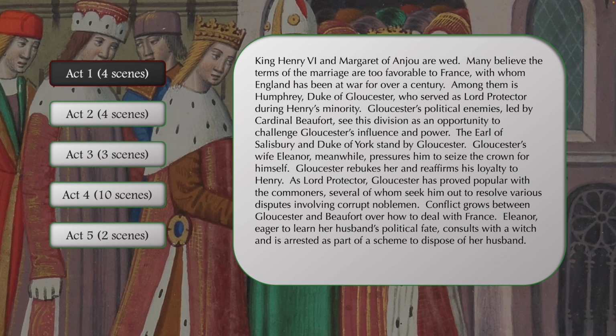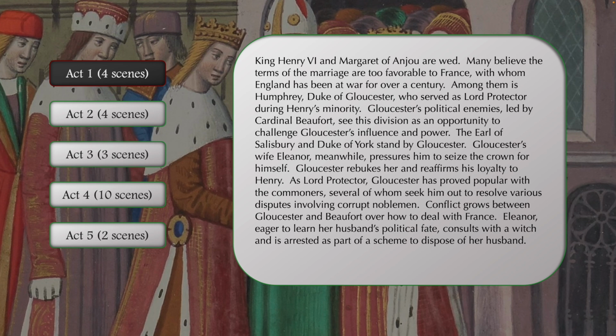The Earl of Salisbury and Duke of York will stand by Gloucester, although York does it for his own sort of duplicitous reasons. And Gloucester's wife, Eleanor, meanwhile, is pressuring Gloucester to seize the crown for himself. Gloucester remains loyal to Henry.